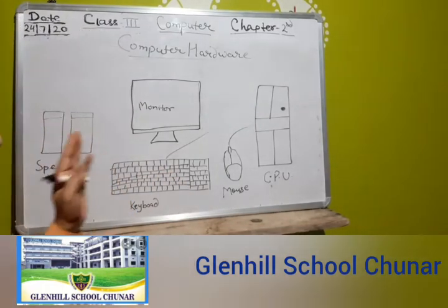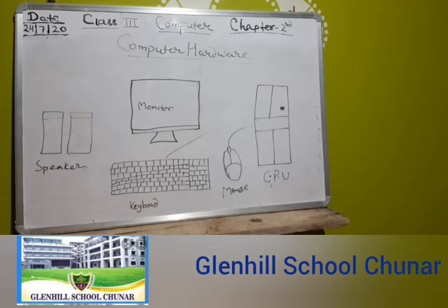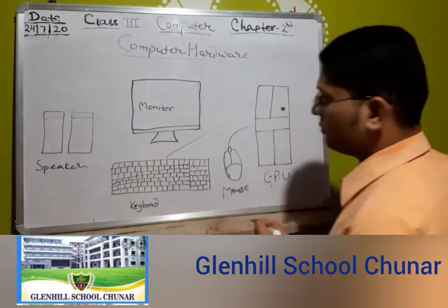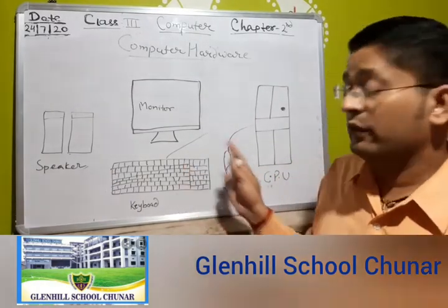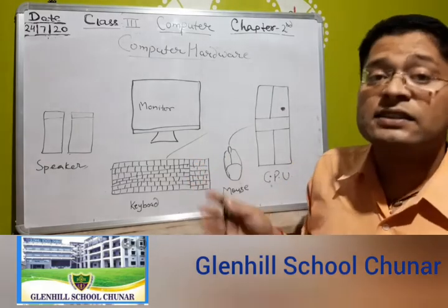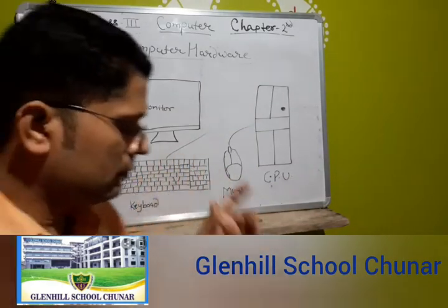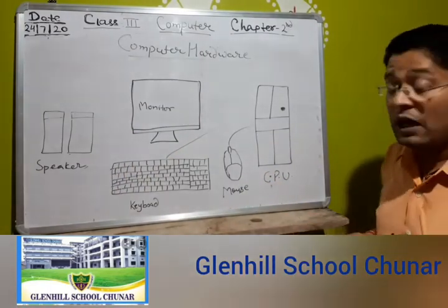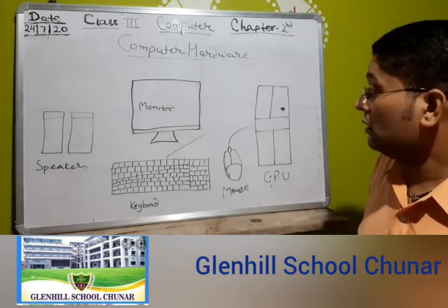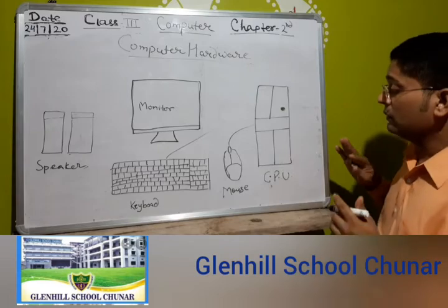Okay, student. Look here, main hardware parts. A computer has many different parts, and some parts are located inside the CPU. This is a major part, but there is more hardware. Some parts are located inside the CPU, that's the system unit.